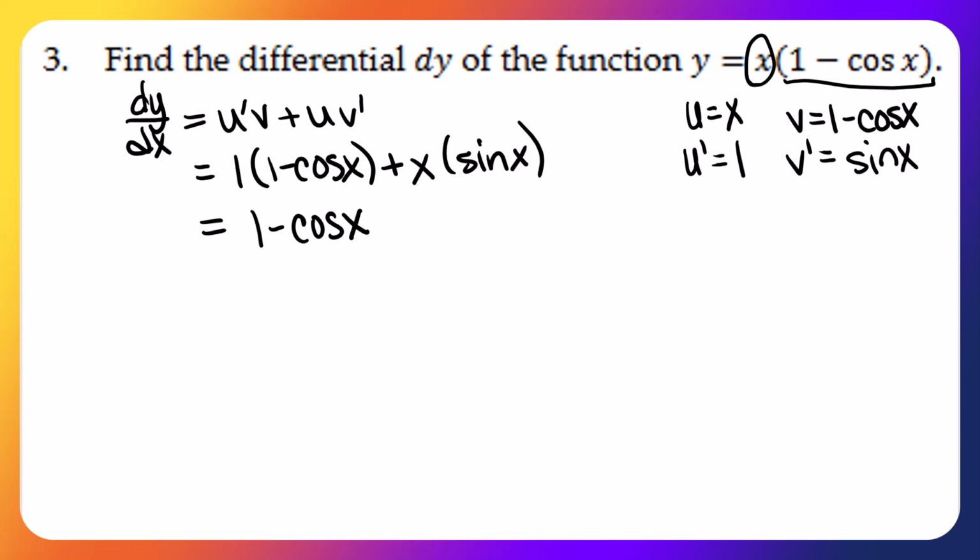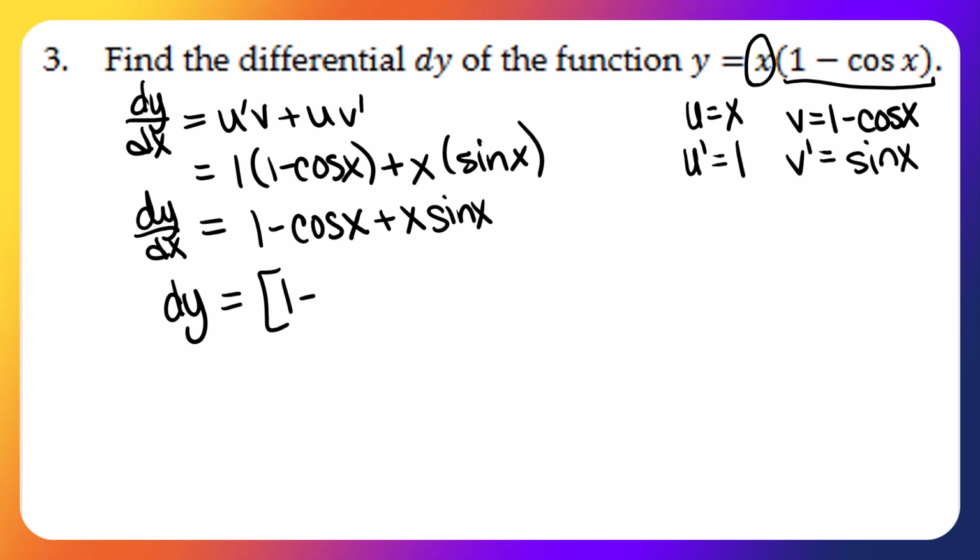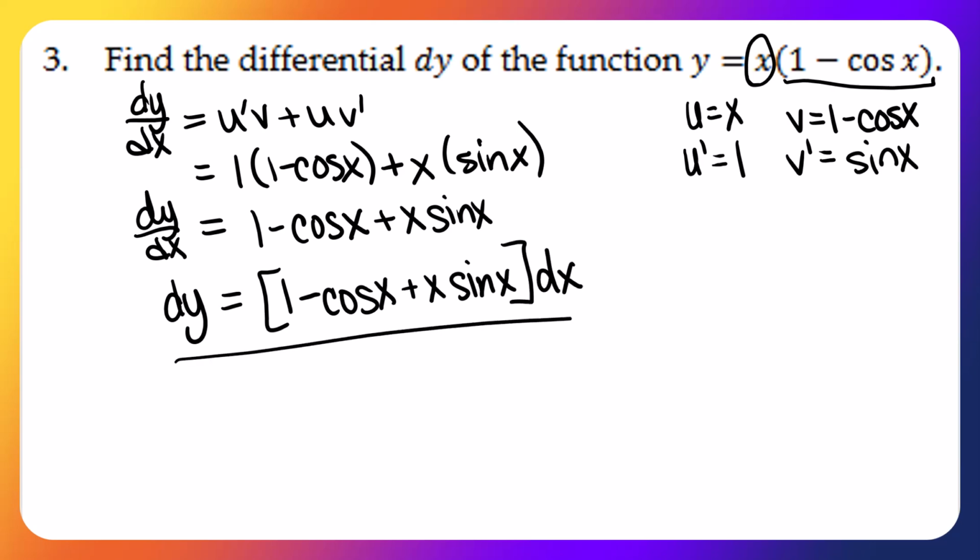So we would have 1 minus cosine x plus x times sine x. So remember, that is dy dx. So that means the differential dy would be that derivative, the entire quantity. So I'm putting some brackets here. 1 minus cosine x plus x sine x times dx.